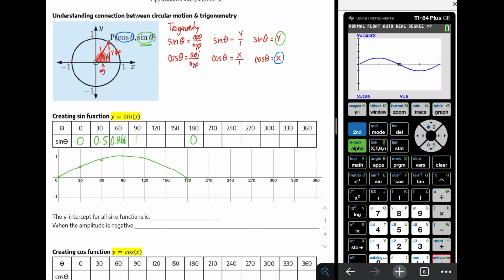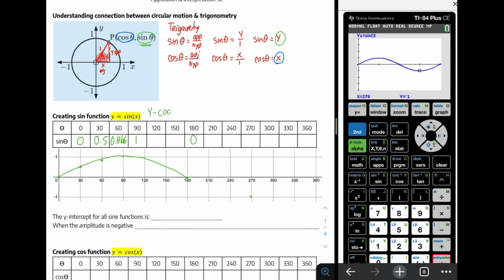And then if I continue this rotation, I'm back at my initial starting point in terms of the y-coordinate, and then I'm going another 90 degrees, and I should be at -1 in terms of the y-coordinate. Let's try it out. Trace of 270, I get in fact that I am at -1, right?